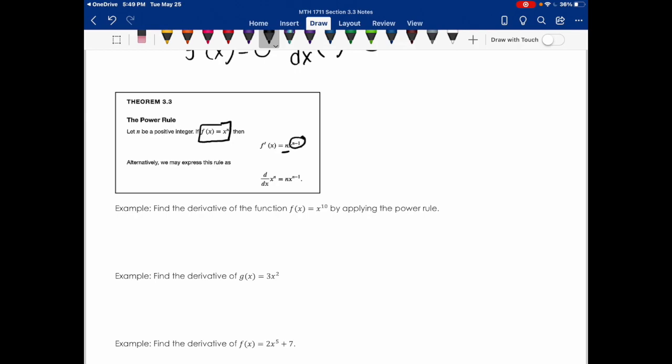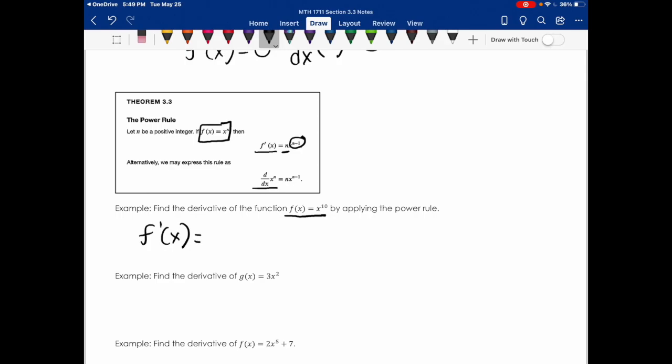So your n would come down in front, and then you decrease your exponent by 1. You can write it using the f prime notation or the d dx notation. So you pull your exponent down in front, and then you decrease your exponent by 1.